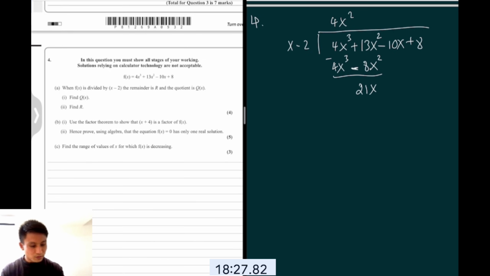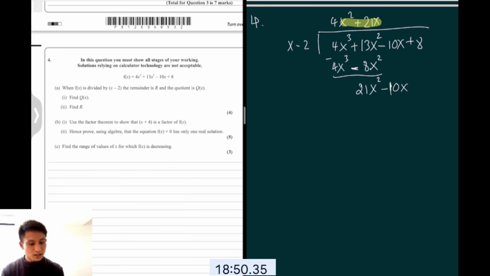Careful, yeah? People make this mistake all the time, confused about the sign. So 13 minus 8 would be 21x squared. And then you bring down the next term, which is minus 10x. And of course, we divide the first one into the first one, so that gives me plus 21x, right?